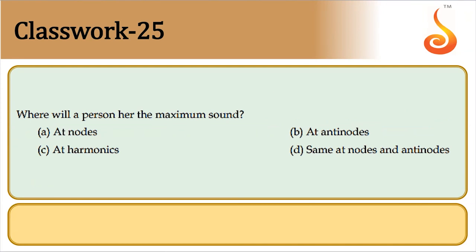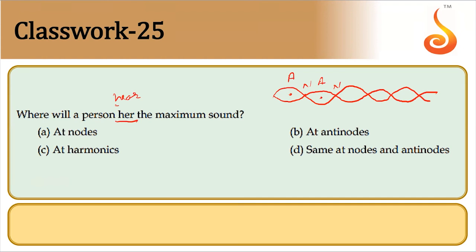See, in a stationary wave, the points where amplitude is maximum are called antinodes, and points which are permanently at rest are called nodes. So here they are asking about hearing.